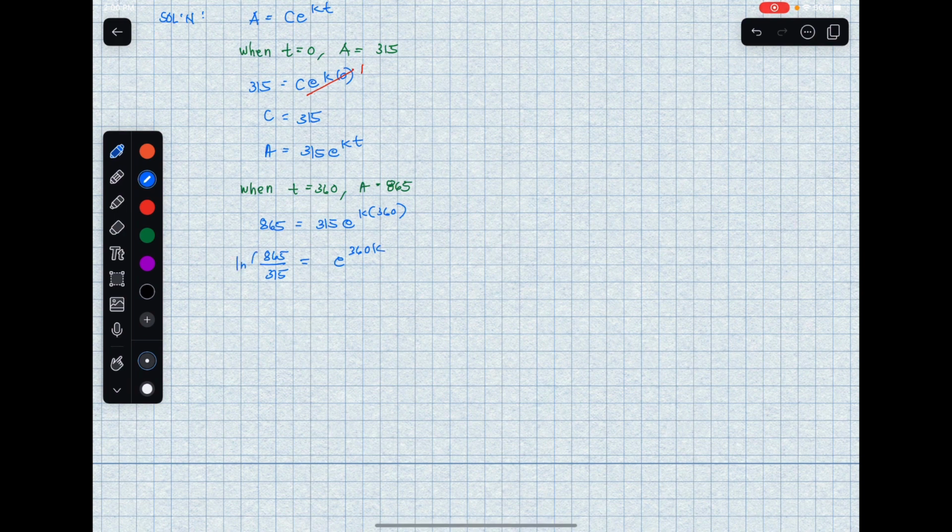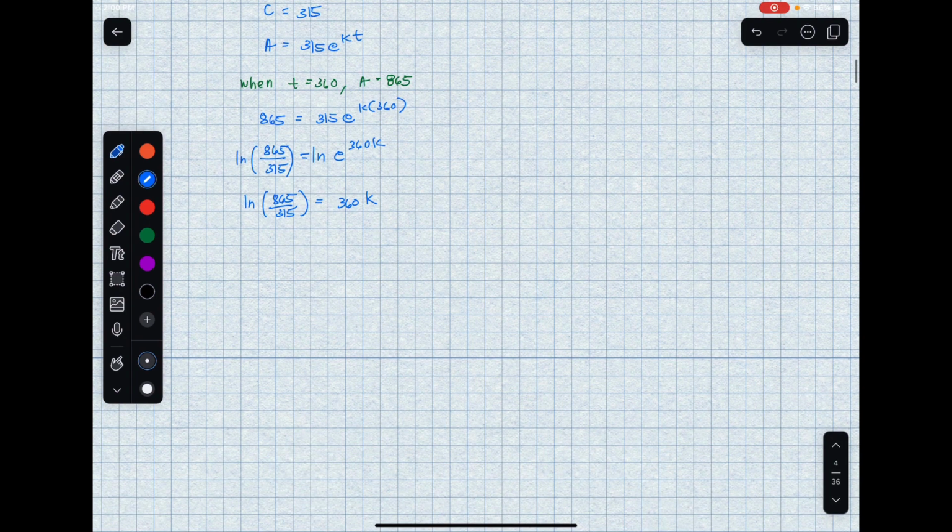We take the natural logarithm of both sides, giving us ln of 865 over 315 equals 360K. So K is equal to ln of 865 over 315 divided by 360.